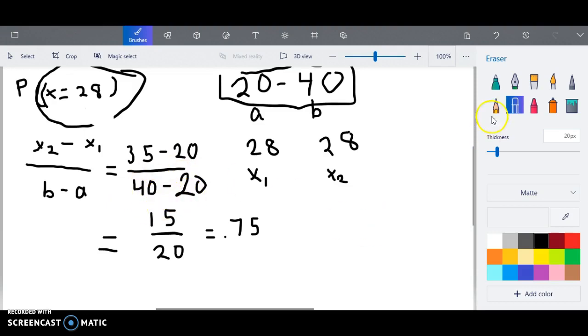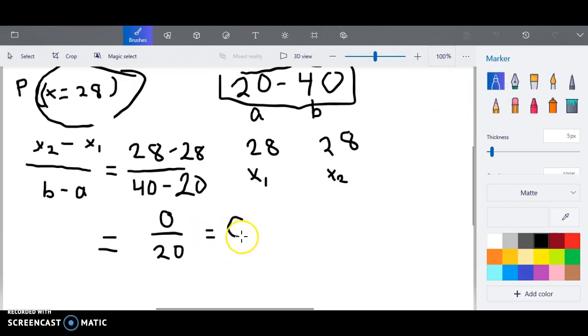The bottom part stays the same, but x2 and x1 have changed. So now we have 28 minus 28, and on top we get 0. If 0 is divided by any number, you get 0. So the probability that x equals 28 is 0.